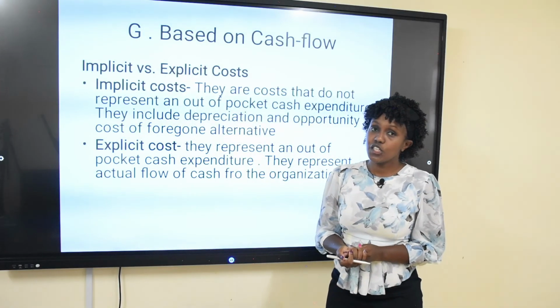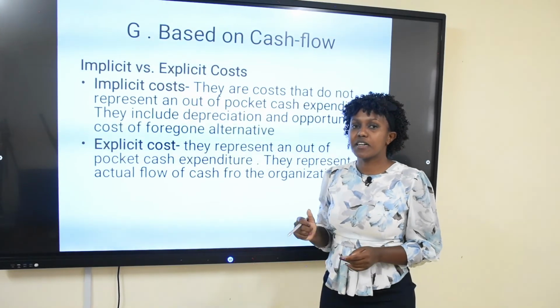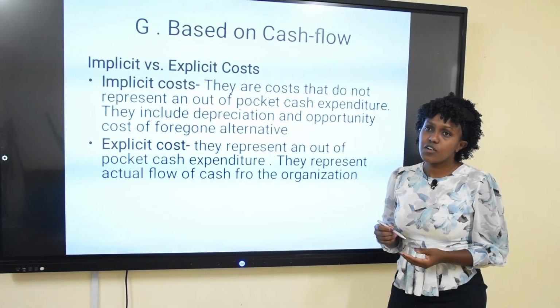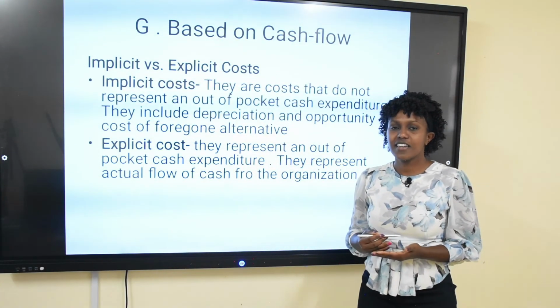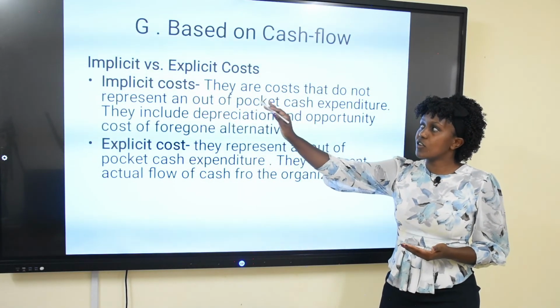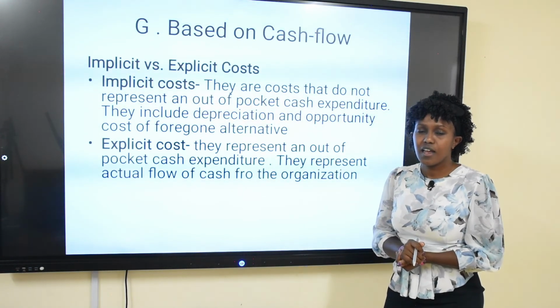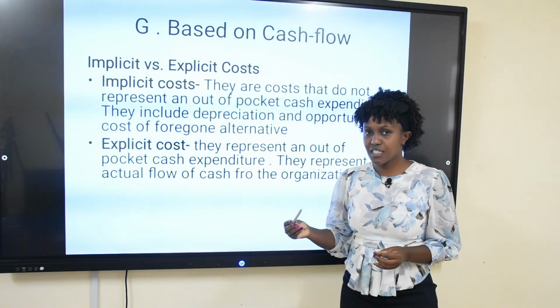Another classification is based on the cash flow. So what do we mean by the cash flow? In this case, we are asking ourselves in terms of money: did the money leave the pocket? Was it an implicit cost or an explicit cost? Let's start with the implicit cost. Implicit costs do not represent a cash movement.